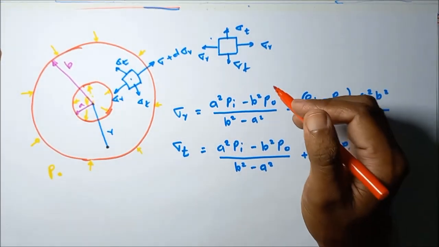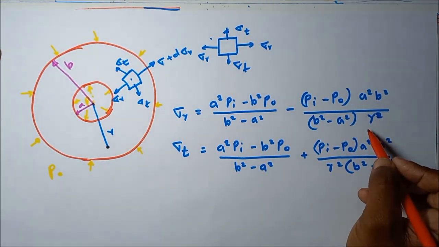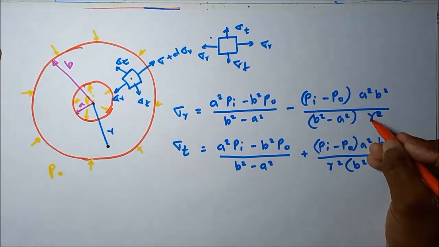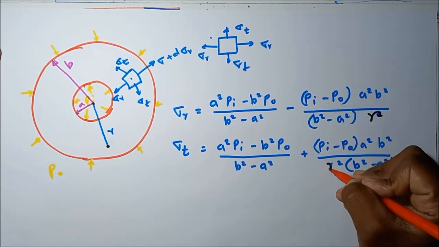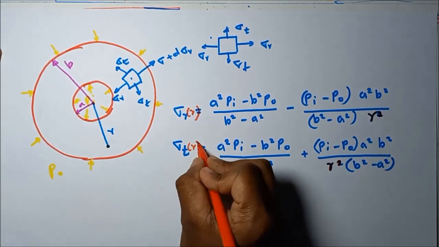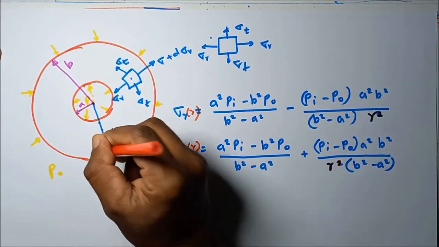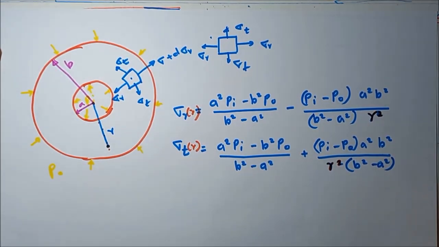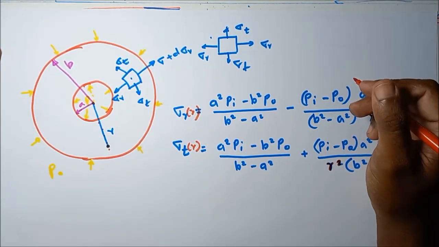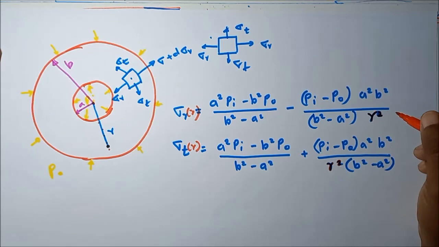We determine sigma r using this equation and sigma t using this equation, by putting in the relevant r value. You can see sigma r and sigma t are functions of r, so we can calculate the stresses at any point on the thick wall. If you know sigma r and sigma t, we can go for further analysis of thick wall cylinders. These are the basic equations to determine sigma r and sigma t.